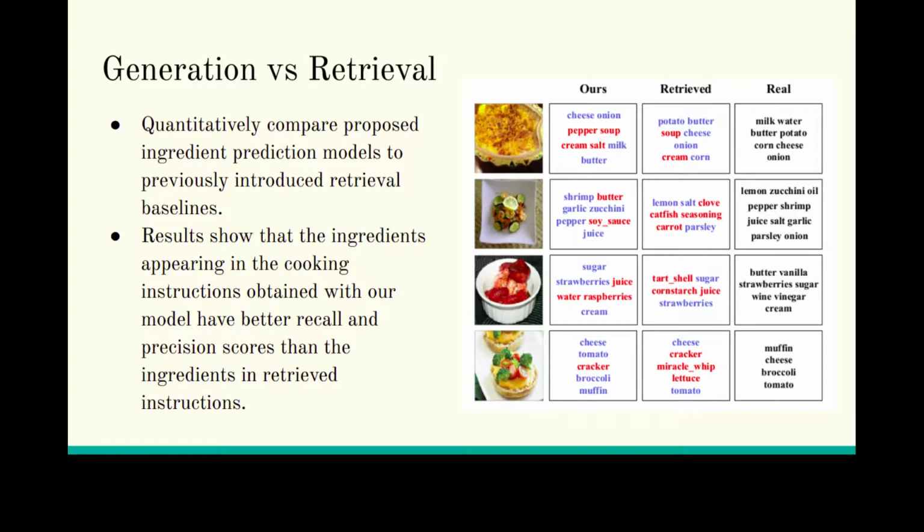Results show that the ingredients appearing in the cooking instructions obtained with our model have better recall and precision scores than the ingredients in retrieved instructions.